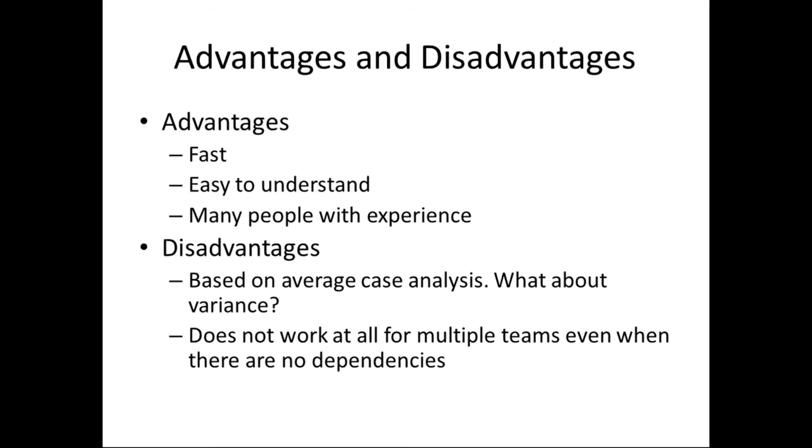But there are a bunch of problems. One is that it's based on just the average case. We're looking at the velocity, which is just a single number, the average. Think about 2 teams. One has a velocity that averages 100, but it oscillates between 50 and 150.